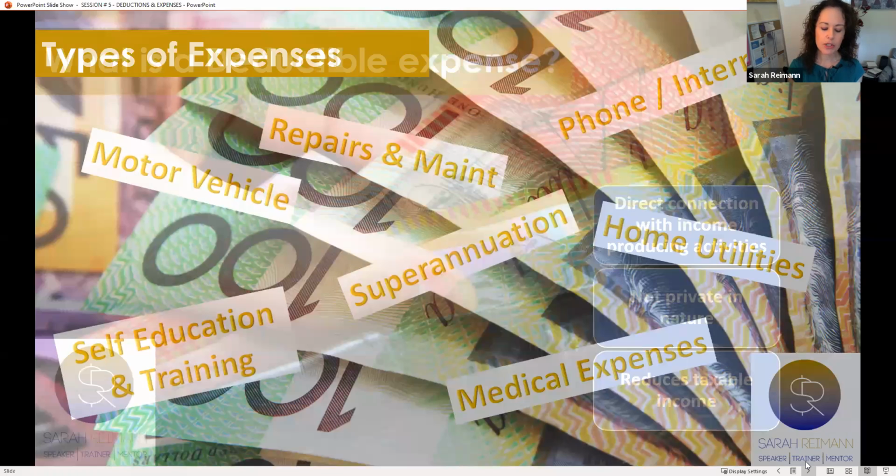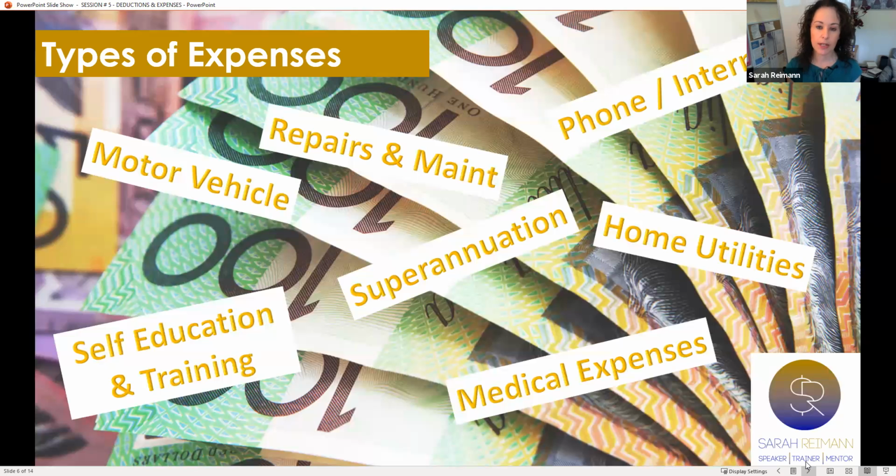And when we think about all the different things we need to spend money on in our business, we'd be forgiven for thinking that absolutely everything's deductible and claimable as an expense, but unfortunately not so. Many items can fall into the category of private or personal use, which are not deductible, or if they're of a capital nature, which simply means they must be claimed over a period of time as depreciation instead of in one financial year.